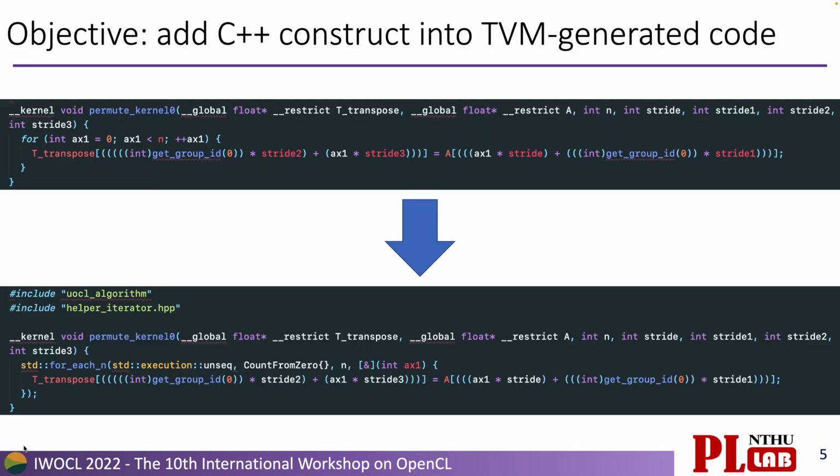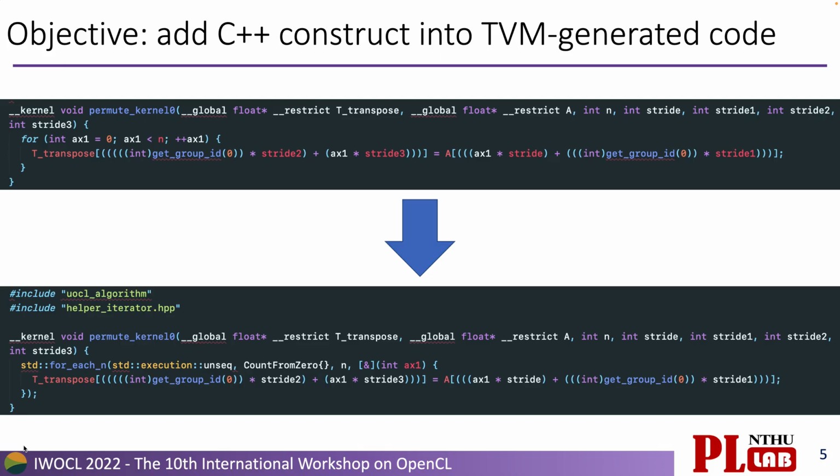So our objective is to transform this for loop on the top into std::for_each_n, with the first argument being std::execution::unseq. With this argument, we hope this for_each_n is vectorized.